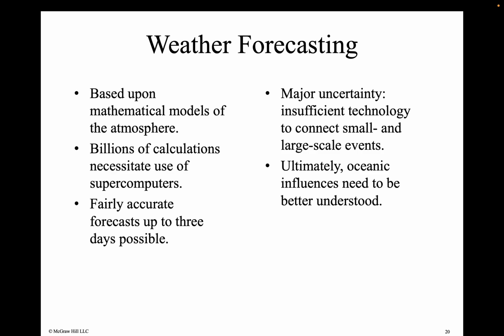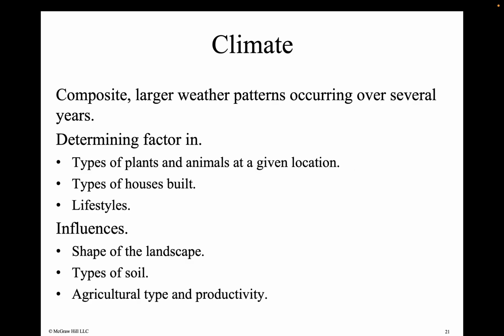So the weather changes day by day, but the climate is usually stable for a very long period of time. All right, so climate, let's move on. Climate is this larger weather pattern that occurs over several years.